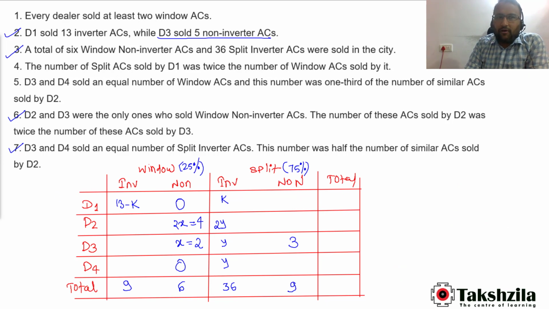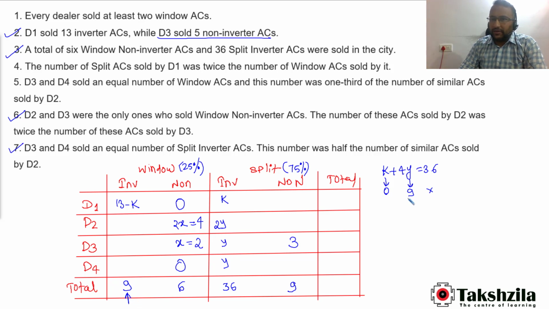After this we can form an equation for the split inverter ACs, that is K plus 4 times Y is equal to 36. If the value of K is equal to 0, the value of Y will become 9. But K cannot be 0 over here, because if K becomes 0, then 13 minus K will become 13 minus 0, 13, but total number of window inverter ACs sold is 9.